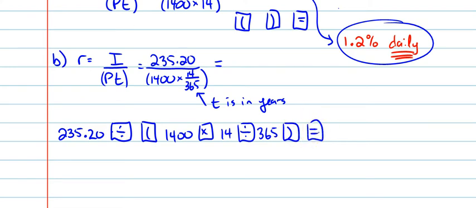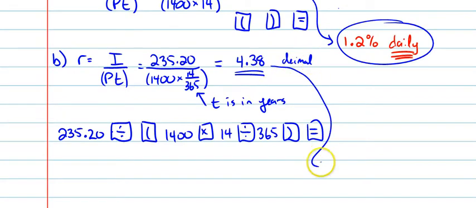And do that in your calculator right now with me and confirm that you get the same as me, which is 4.38. Now, especially with a number this big, you might forget to be finished. You are not. That is in decimal form. You've got to convert it over.